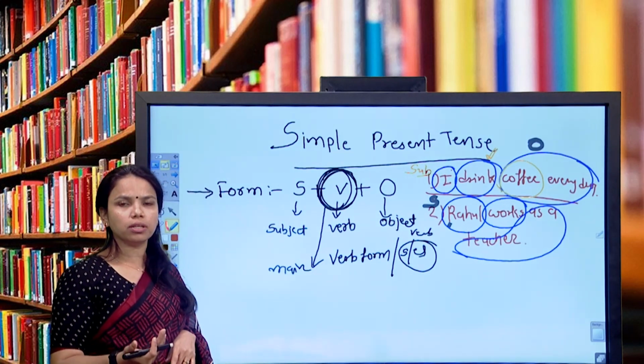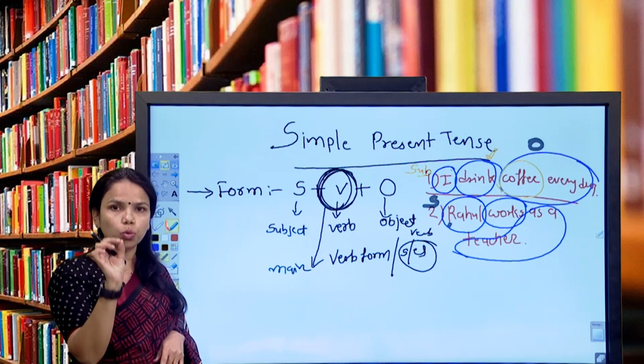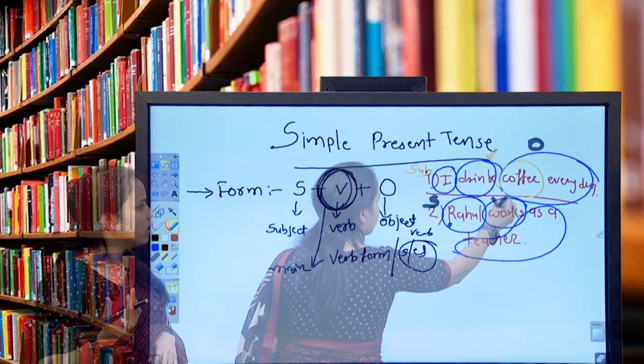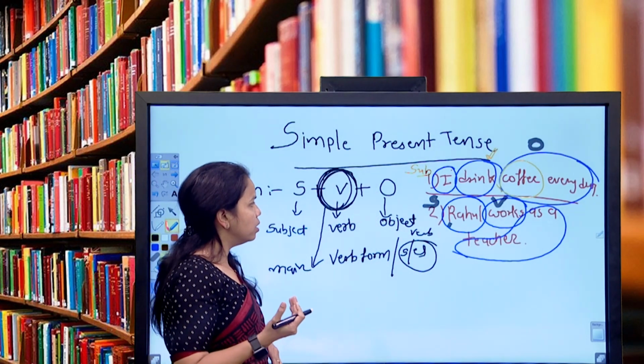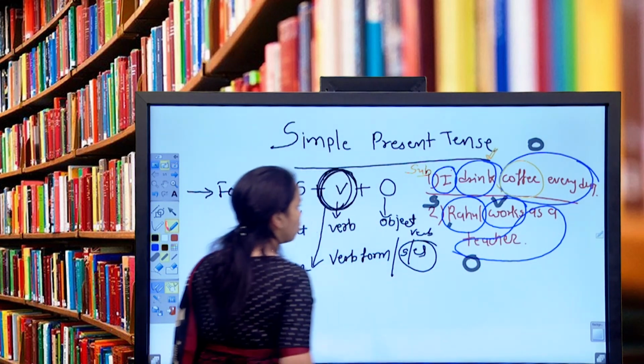What is he doing? He works, right? The action is works, so to work is mentioned as a verb. He is a teacher, so teacher is the object.